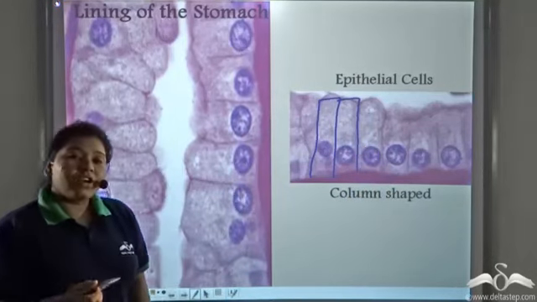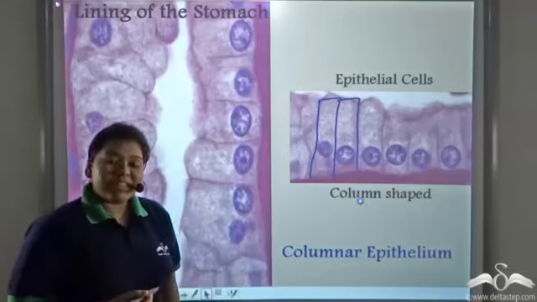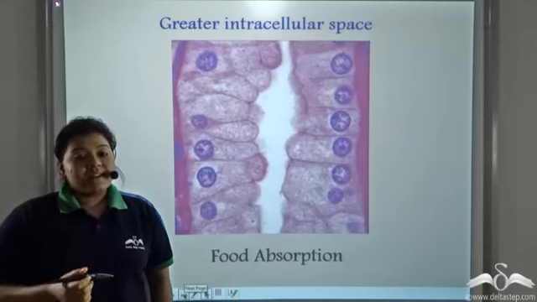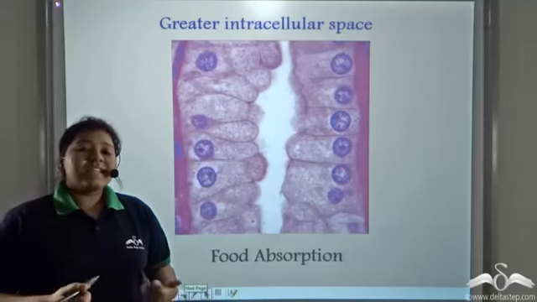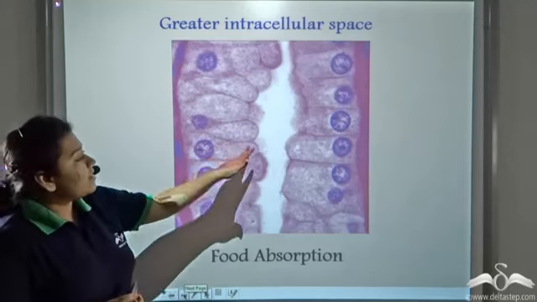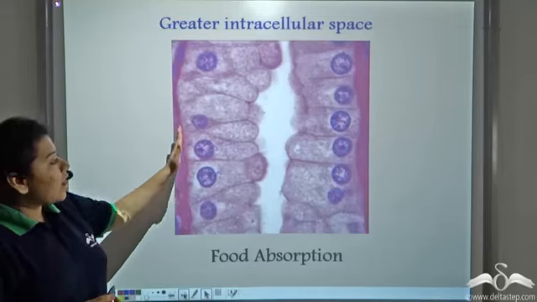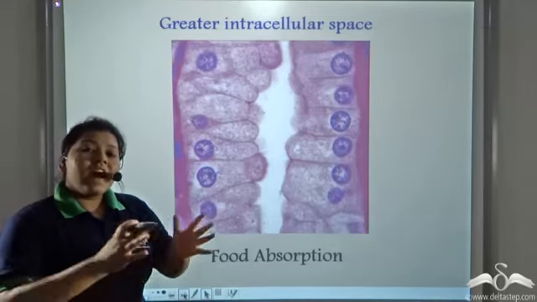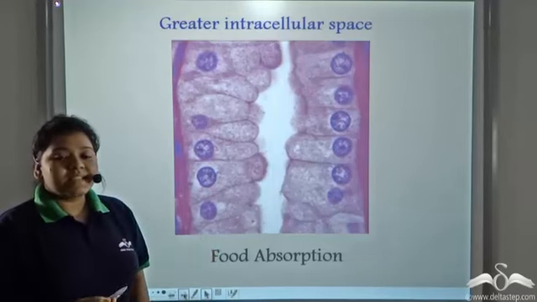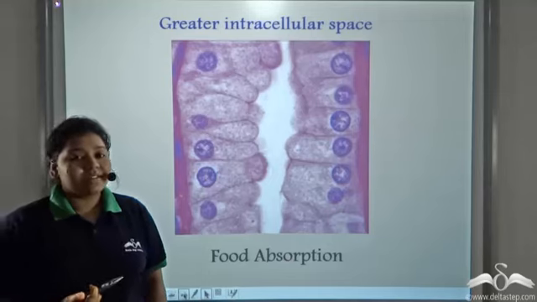Since they have a column shape, they are known as columnar epithelium. So columnar epithelium is present on the lining of the stomach. See, the cells are column shaped. That is, the outer layer and the inner layer are far apart, increasing the intracellular space, which helps in the greater absorption of food.